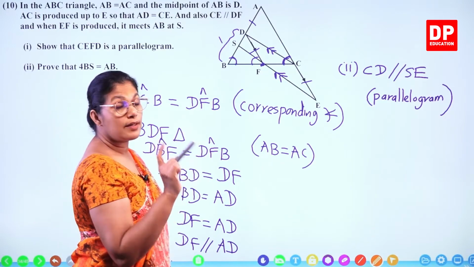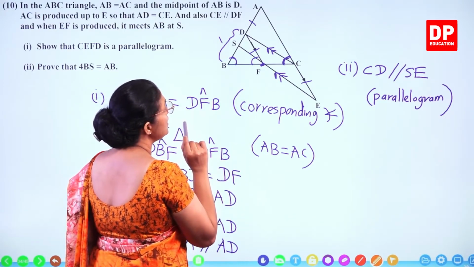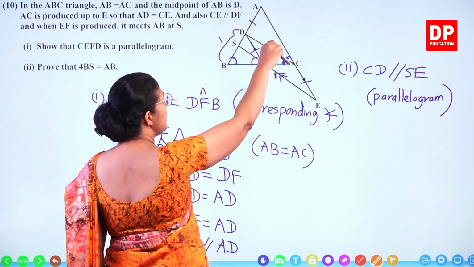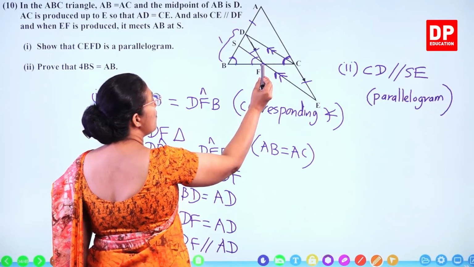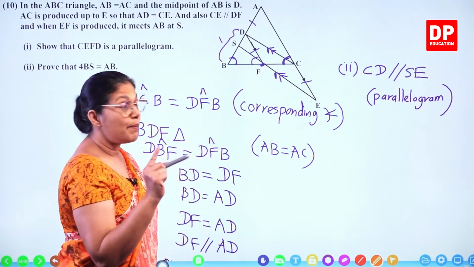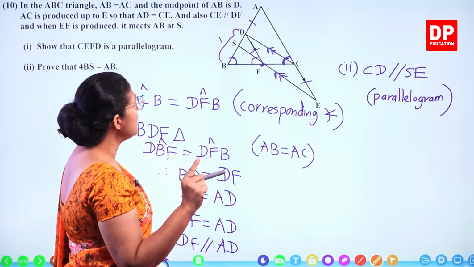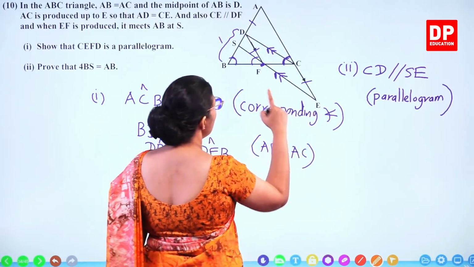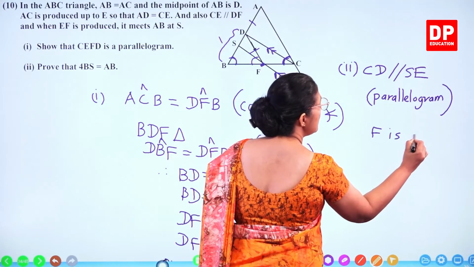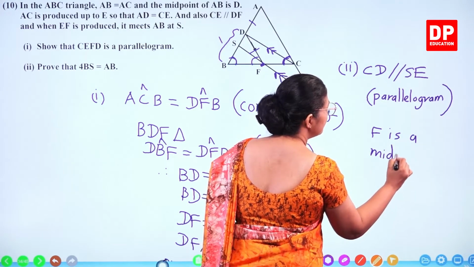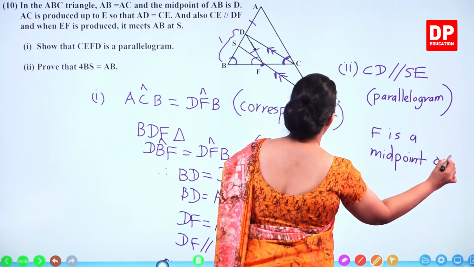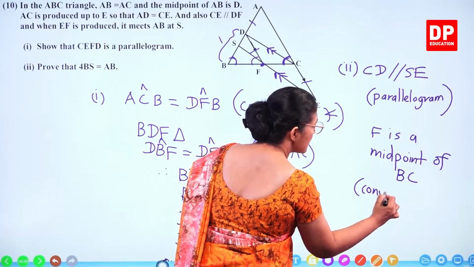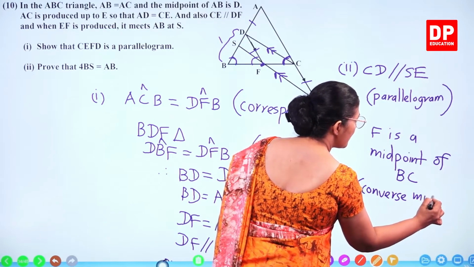How are you saying that this F is a midpoint? Look carefully. D is the midpoint, and when you draw a parallel line from the midpoint, the other side is bisected according to the converse midpoint theorem. So we can say F is a midpoint of BC according to the converse midpoint theorem.